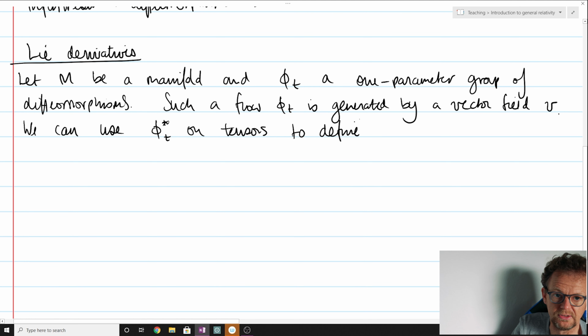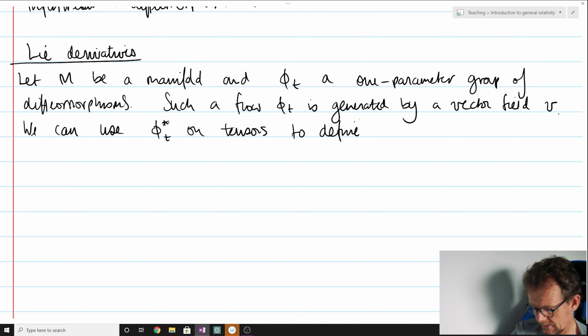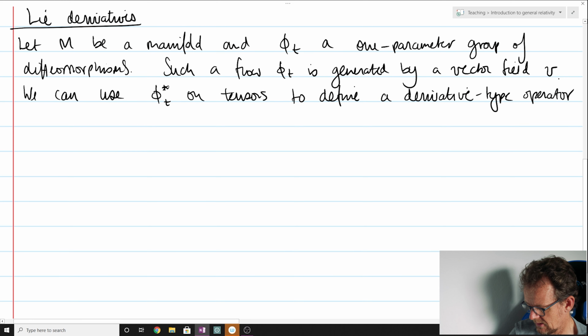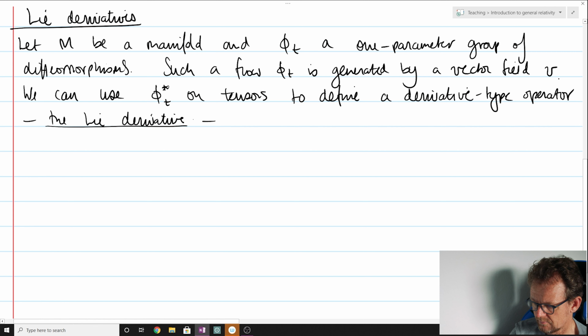We could define a flow on tensor fields, but we can also use phi star of t to define a derivative type operator, different or distinct from the covariant derivative that we've been discussing so far. And this derivative operator is called the Lie derivative on tensors.